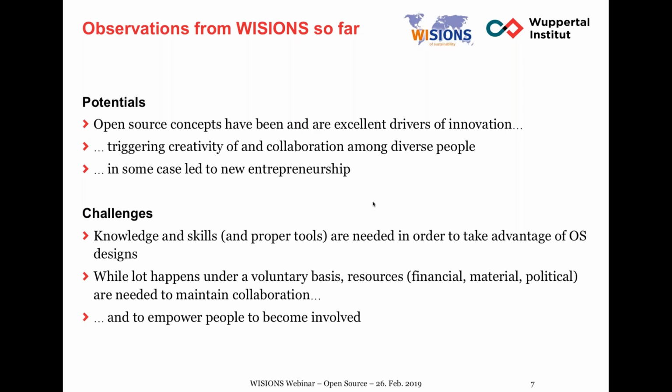Through WISIONS, we have been able to provide some financial resources for some activities, but political and institutional backing are also very important, if the aim is to empower more people to be part of and take advantage of the open source movements, in particular those who know the challenges of not having access to sustainable energy out of their own experience of life.